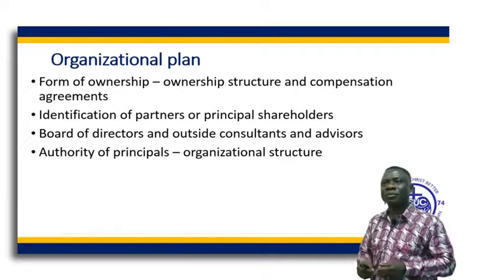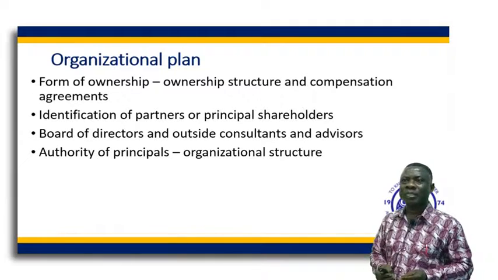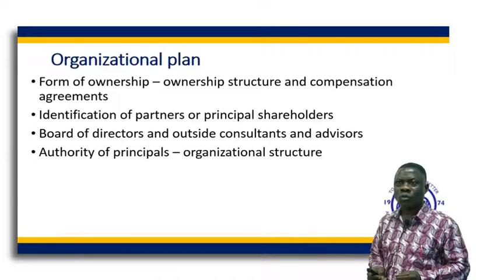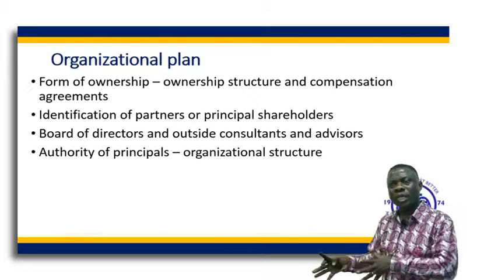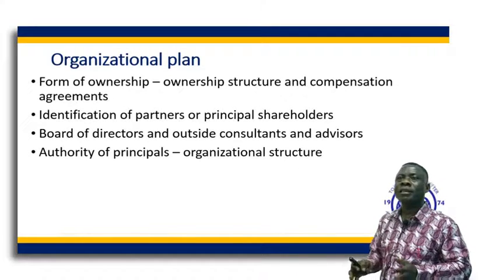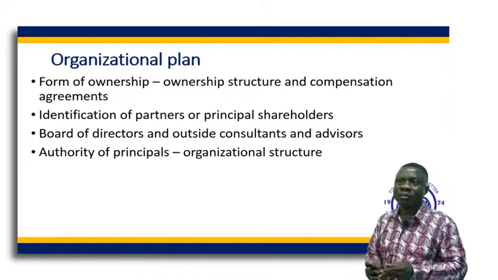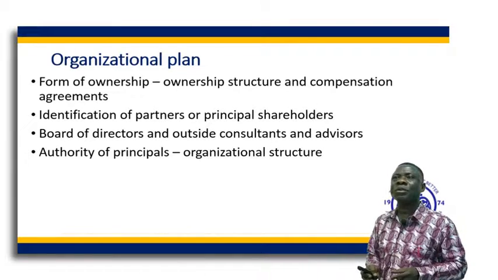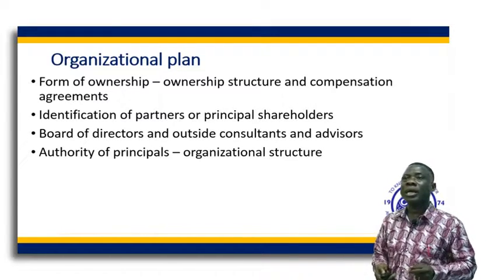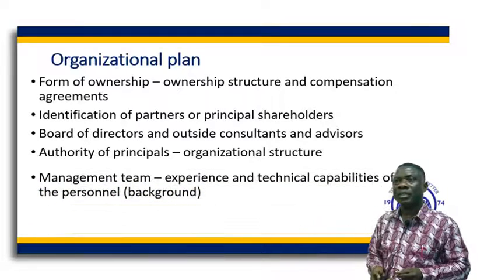Now, if you have this management, what are the authorities that they wield? Who reports to whom, and who has what role? Let's know all this. In fact, we are talking of the organizational structure, or if you like, in other terms, the organogram, okay?